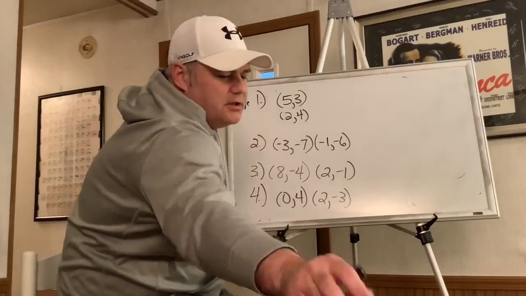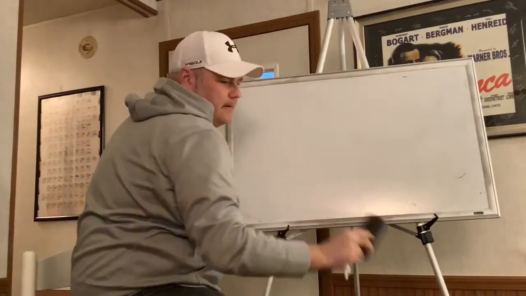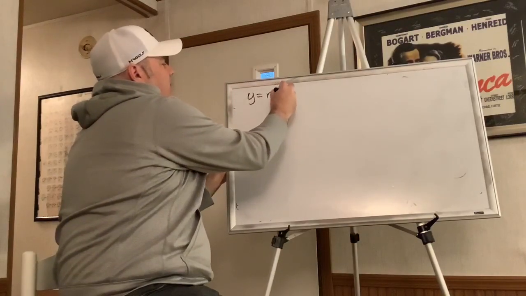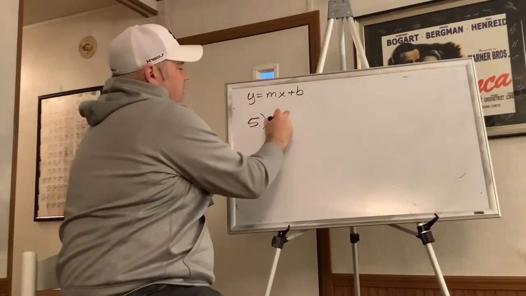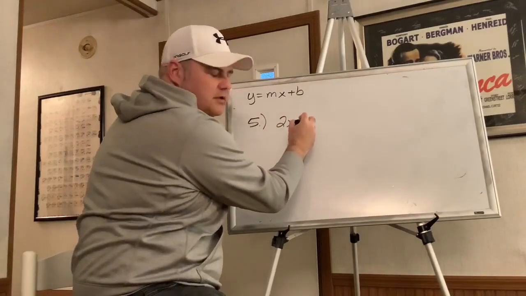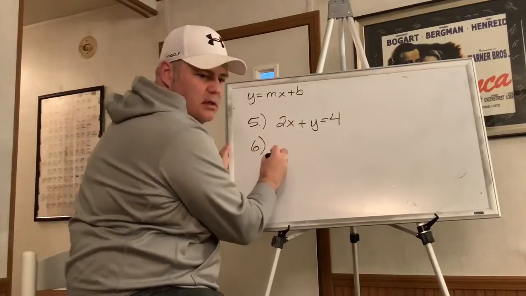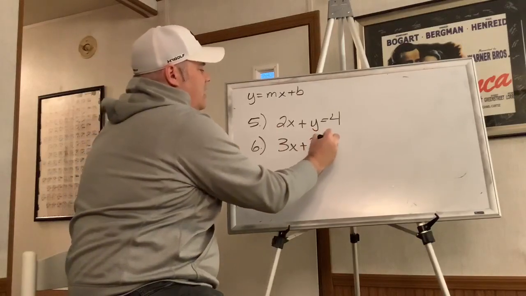Then I want you to put these in y equals mx plus b form. So number 5, you got 2x plus y is 4. Number 6, you got 3x plus 3y is 9.